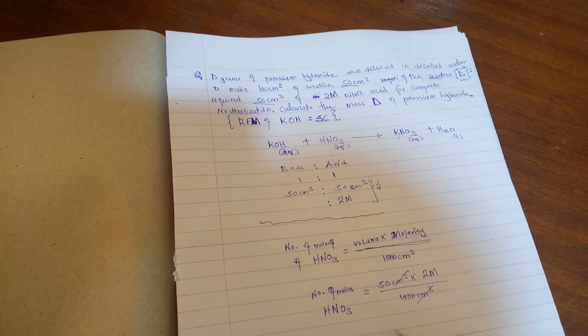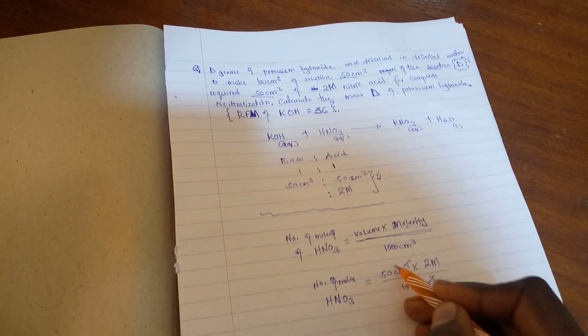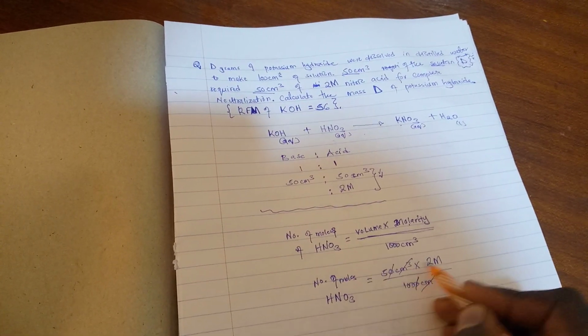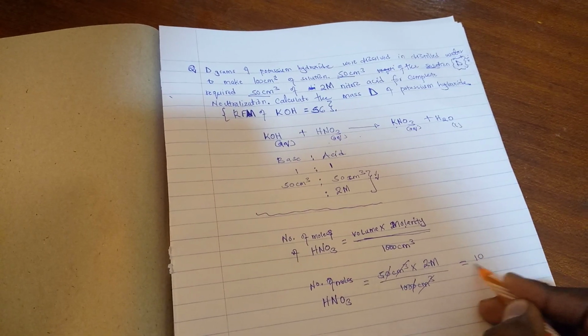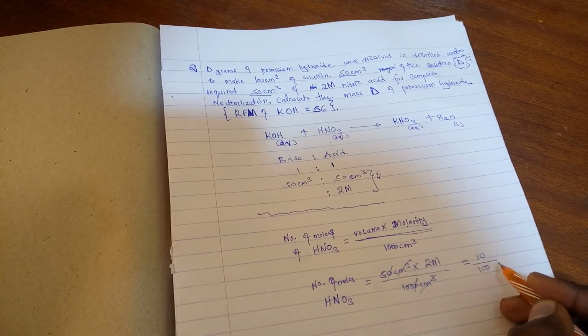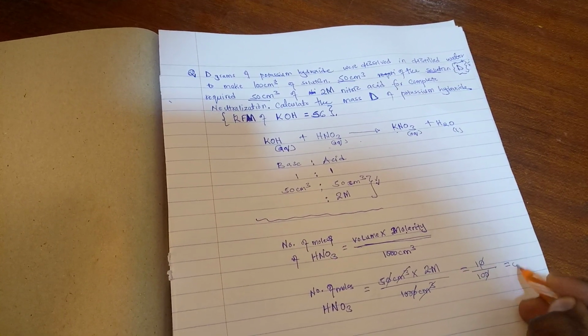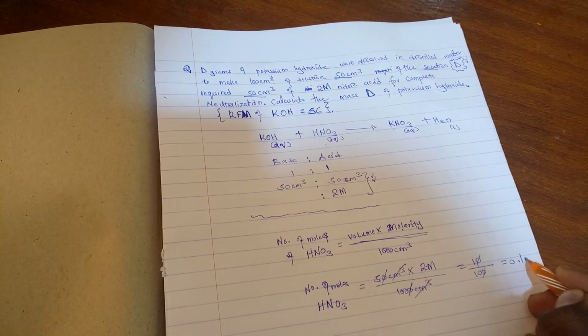You cancel out the units, divide by 2. So the 5 times 2 will be 10 all over 100, which will give you 0.1 moles.